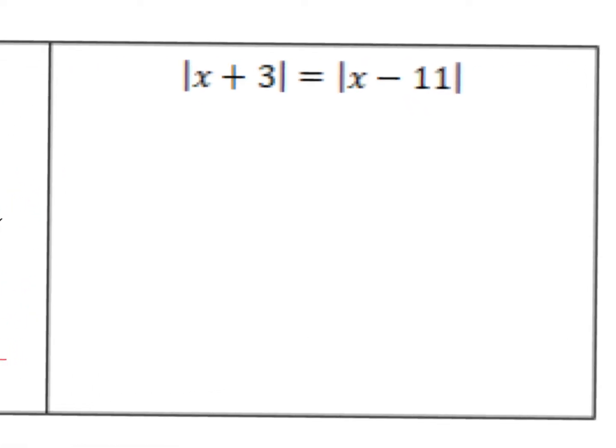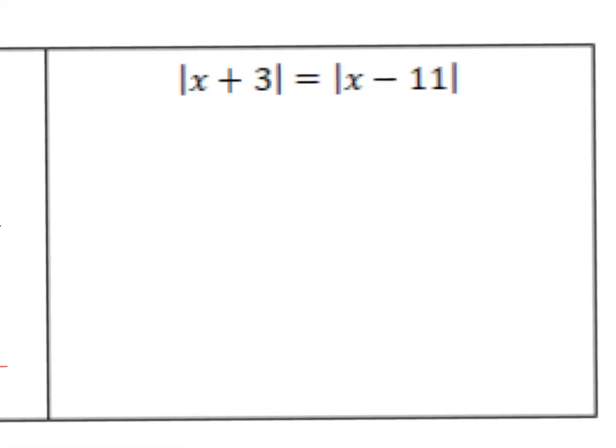This last one here, as far as the absolute value equations. Same thing, we have the absolute value of x plus 3 equal to the absolute value of x minus 11. So we're going to set x plus 3 equal to x minus 11, and then we're also going to set x plus 3 equal to negative x plus 11. In order to do that, we're subtracting 3 from both sides.